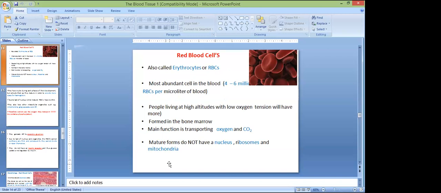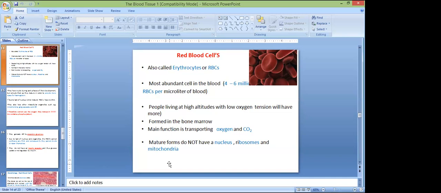Transport oxygen from lungs to tissues, and also transport carbon dioxide back to the lungs to be excreted. One thing to note is that red blood cells do not have what? Number one, they do not have a nucleus, they do not have ribosomes, and they do not have mitochondria.